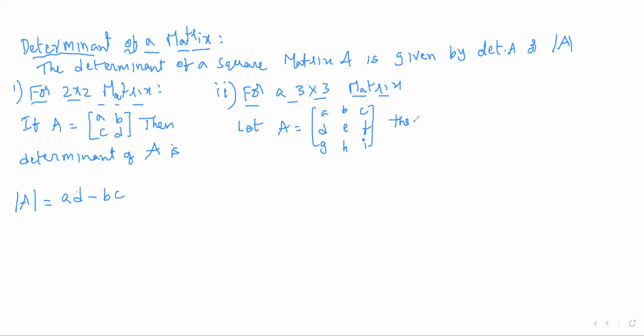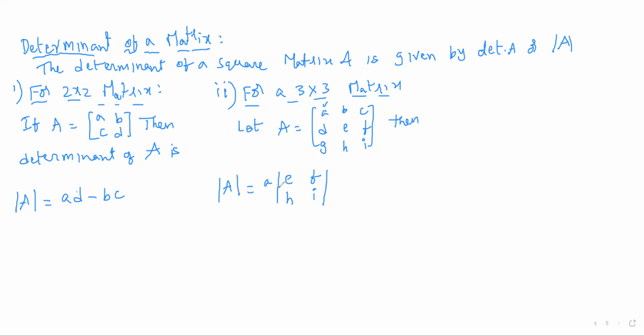Then det A is equal to, first consider this element a. So a into, delete the corresponding row and column, then you get a 2 by 2 matrix of elements e, f, h, i.